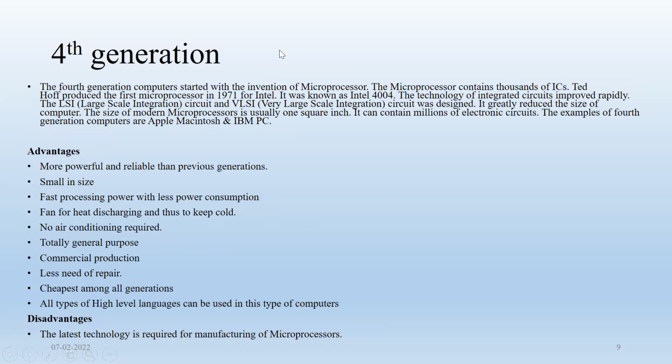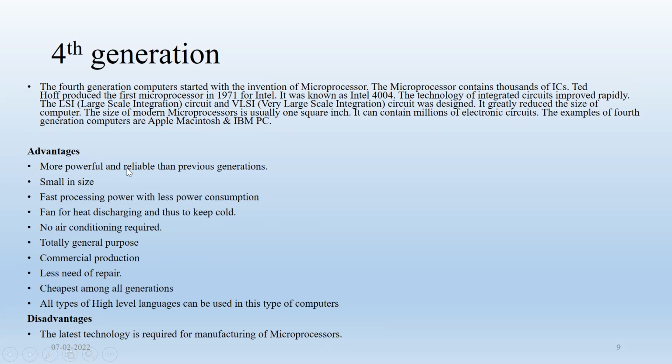The first model was the 4004 microprocessor, which is based on LSI and VLSI. It greatly reduced the size because thousands of circuits are on a single chip, a 1 square inch chip, so it can contain millions of circuits. Examples of fourth generation computers are Apple Macintosh and IBM PC.